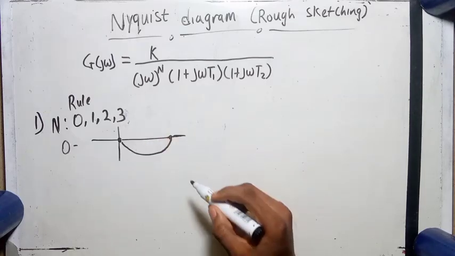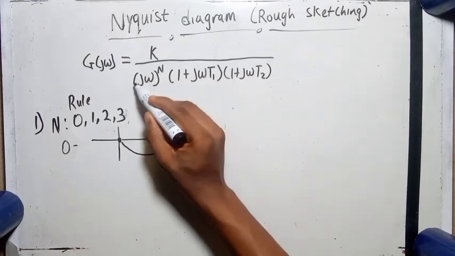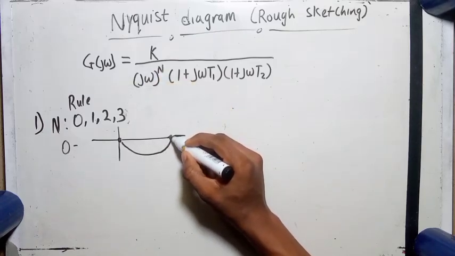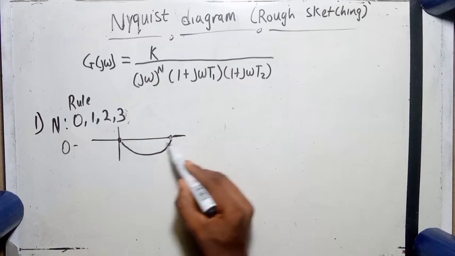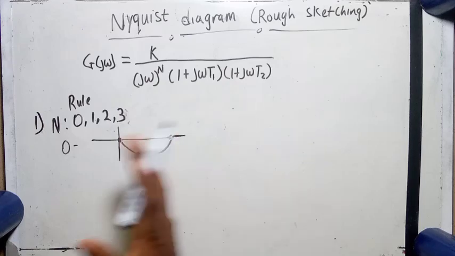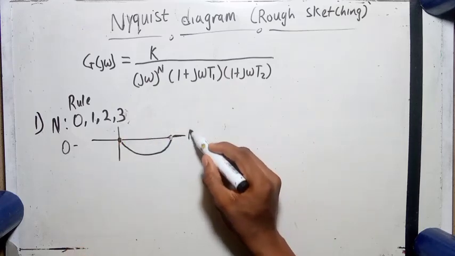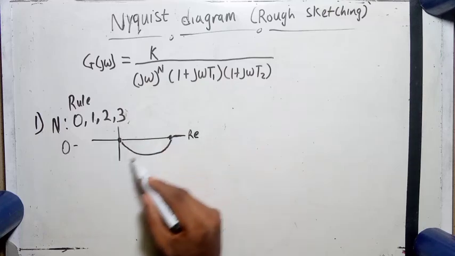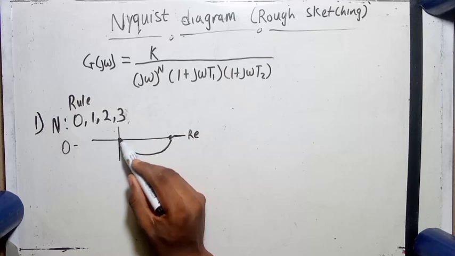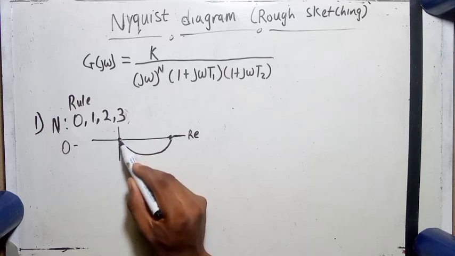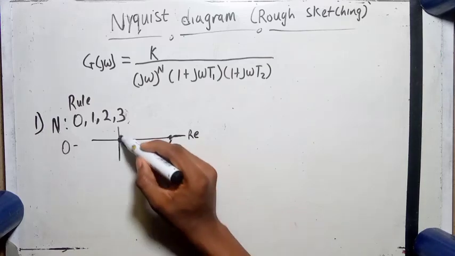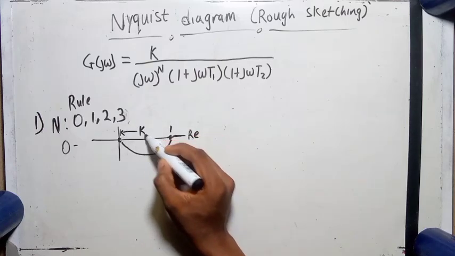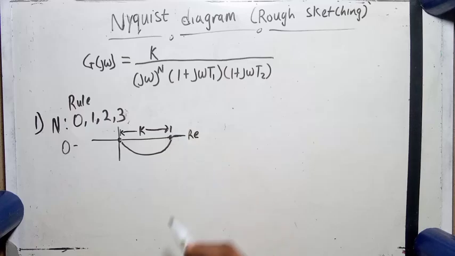So the idea here is when your n is 0, your graph is going to start from a particular point on this right side of your real axis, and I don't know how many turns it can take, but definitely you should end at your origin point. Now the distance from here to here is your k. This is for 0.